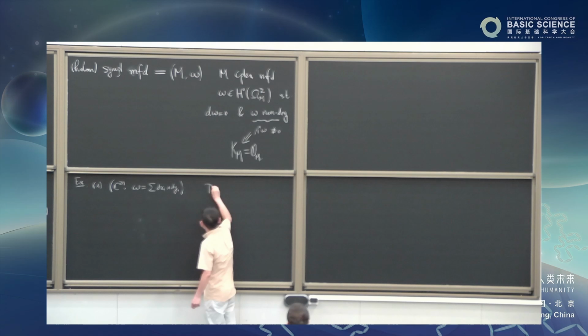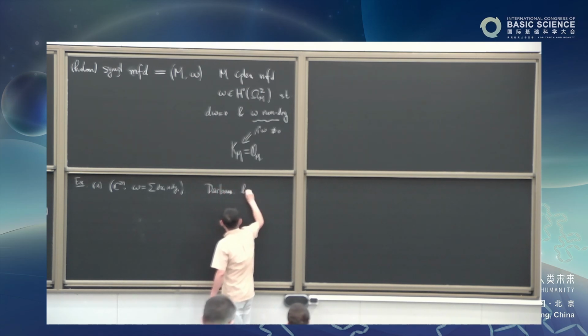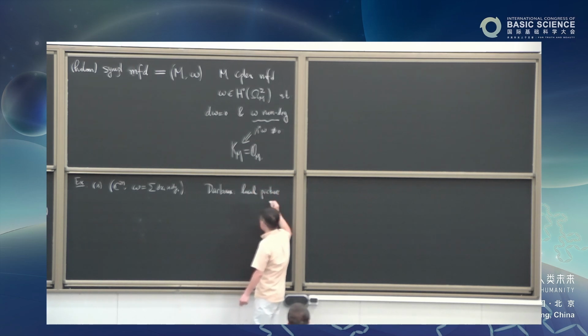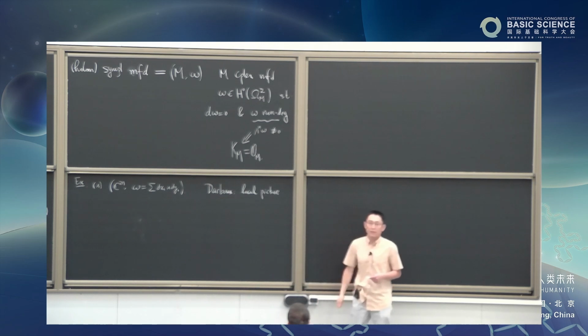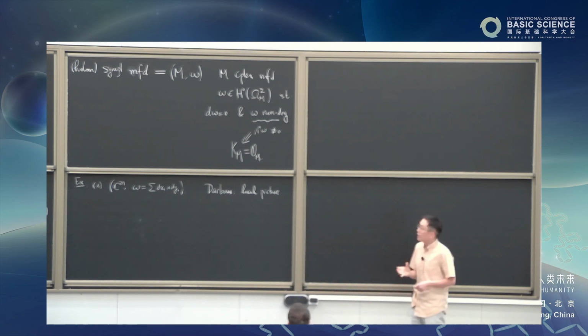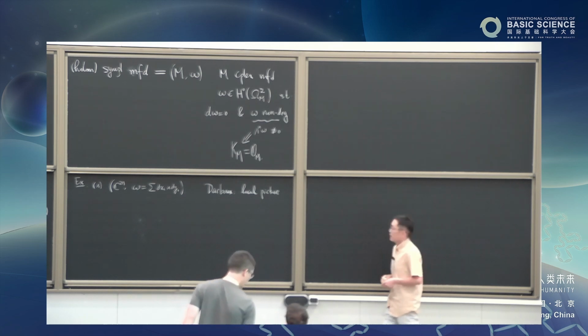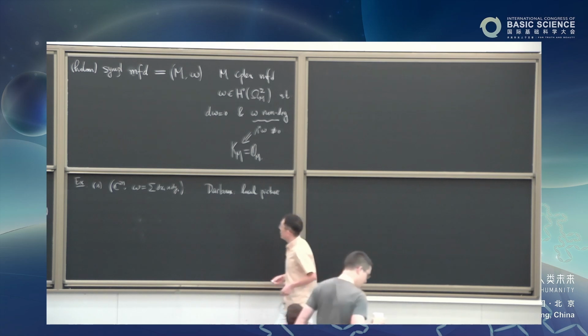In fact, by the Darboux theorem, this is a local picture. If you are working in the analytic setting, then every symplectic manifold is locally of this form. So there are no local invariants, and we need to find some global ones.